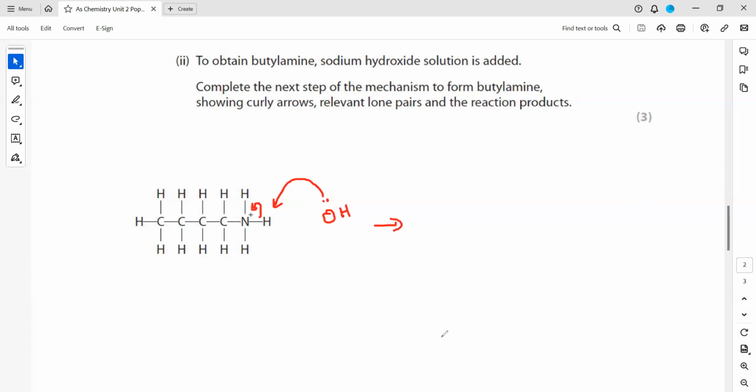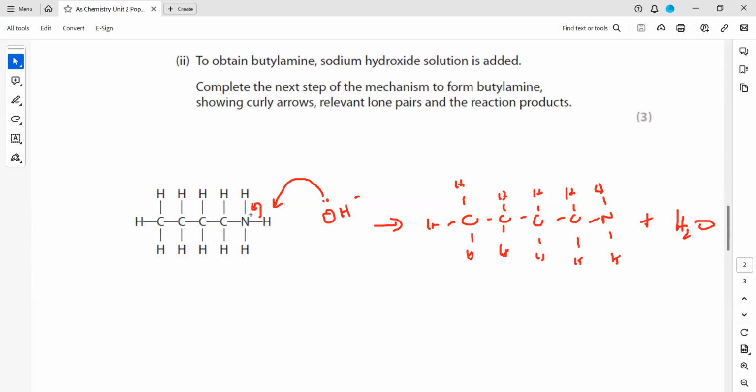So the bond will break between them, and we have CH2, CH2, CH2 and NH. Then OH and H will combine with each other, H plus and OH minus, because the hydroxide had a negative charge, so it will produce H2O. So this will be the structure of the water molecule.